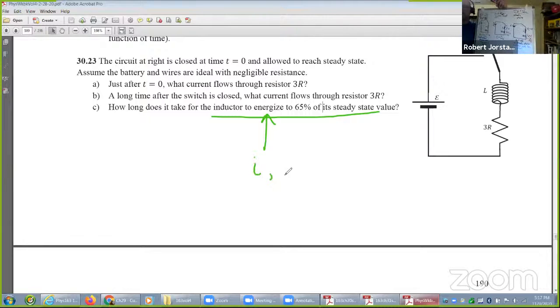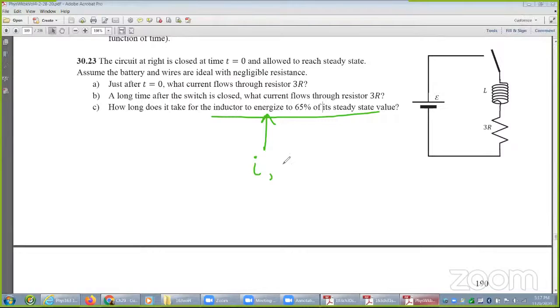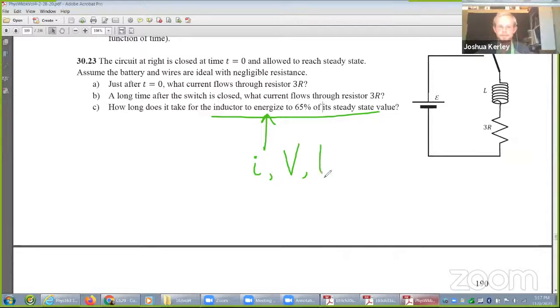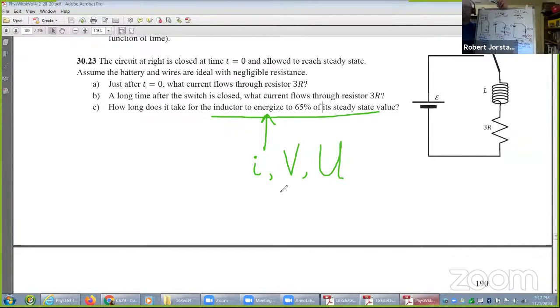What's another parameter you might think of? The voltage across dropping. Oh, you could talk about voltage. Okay. What's another one? Energy. Energy. And it's unclear which of these it is.